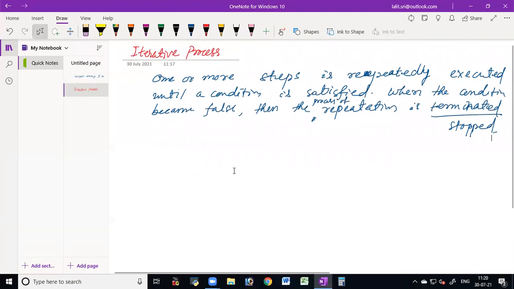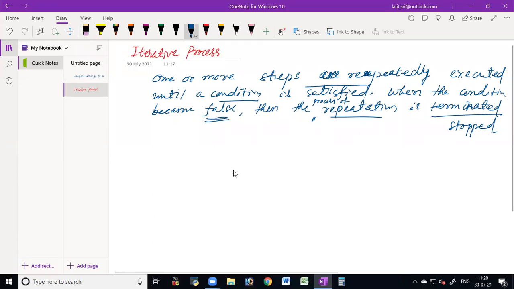Iterative process is a process where one or more steps are repeatedly executed until a condition is satisfied. When the condition becomes false, the process of repetition is terminated or stopped. How?